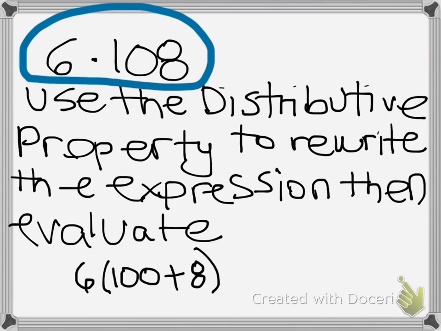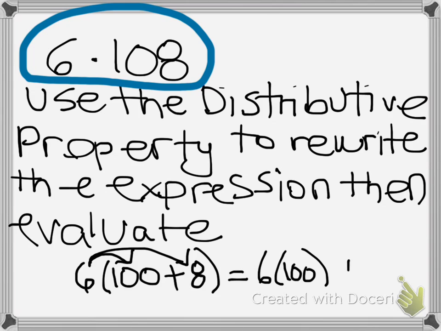So now I have, instead of 6 times 108, I have 6 times 100 plus 8. And using the distributive property would mean I would take the 6 and distribute it to both the 100 and the 8. So 6 times 100 is what I would do in my head, plus 6 times 8, which makes it a lot easier to work with.